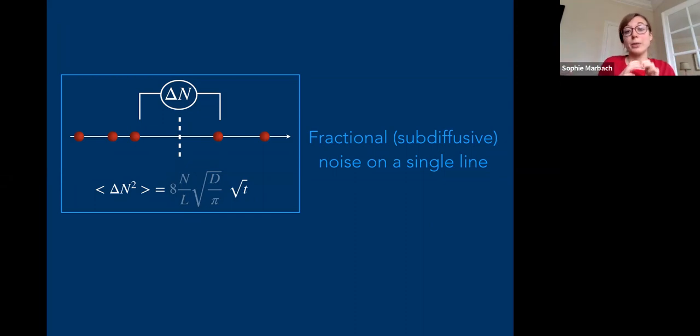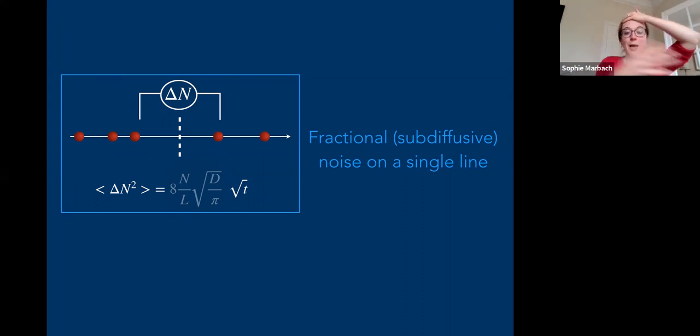And counting numbers in regions from a random walk basically gives a fractional noise in time. So whatever kind of thing that I look at, which is defined on a region of space for Brownian walkers, will give this fractional dependence on time. Okay, so that was Brownian motion.